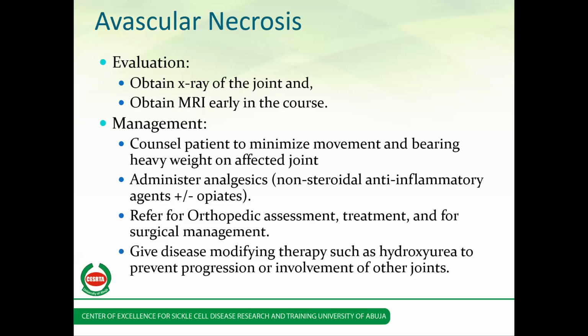And if we are practicing in a secondary hospital or primary healthcare center, we should identify. That is one of the aims of this lecture, for us to be able to know these complications, identify them as early as possible, and refer the ones we cannot handle, and treat the ones we can.